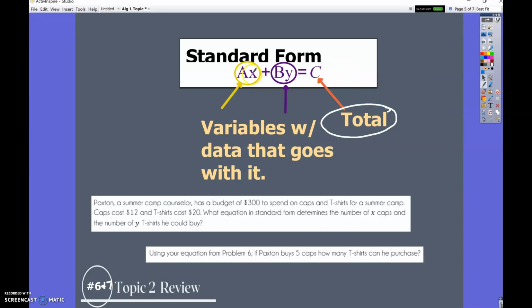And the x value is whatever variable they tell you is x or what you want to make to be x. That x value will go with the data that goes along with that x variable. And for your y value, the same thing. Create a standard form equation for problem numbers 6 and 7 and use that equation to determine how many t-shirts he's able to purchase.